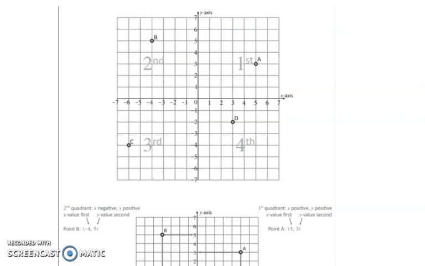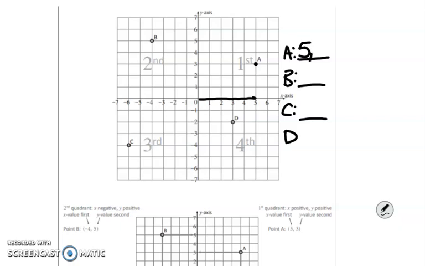All right. So here we are actually applying some of it. It tells you to write down the location of each of these points. So I wrote on your paper here, A, B, C, D. Pretty simple. A is in the first quadrant, so it's just what you did last week. We can see that our x-axis is 5 and our y-axis is 3.